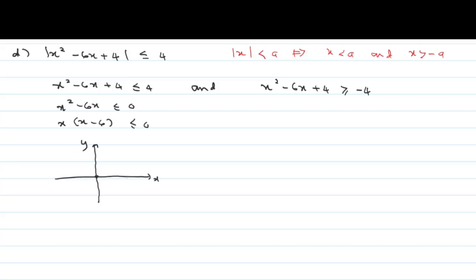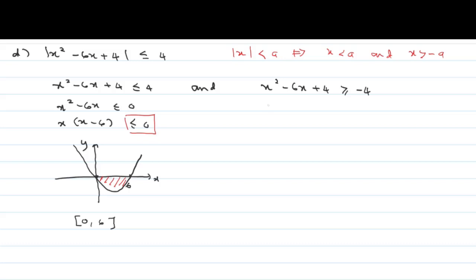So 0 and 6 are the zeros, and then we draw the graph. So here we want to find less than or equal to 0. So that means below the x-axis. So the solution for the first inequality is from 0 to 6.